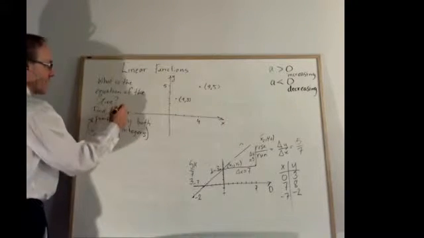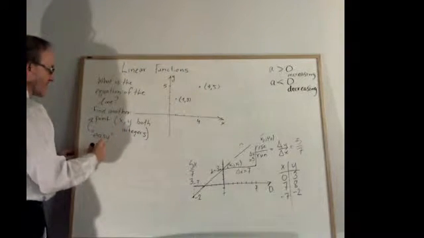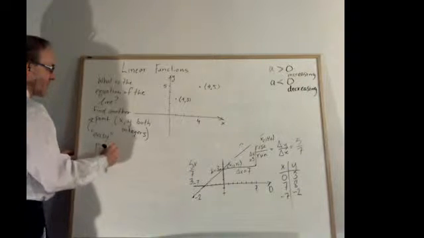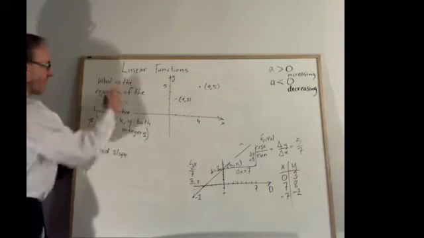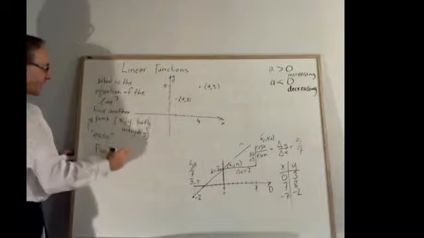Okay, find the slope as well. So you need to find the slope, or usually you find the slope while you are in the process of finding the equation of the line.